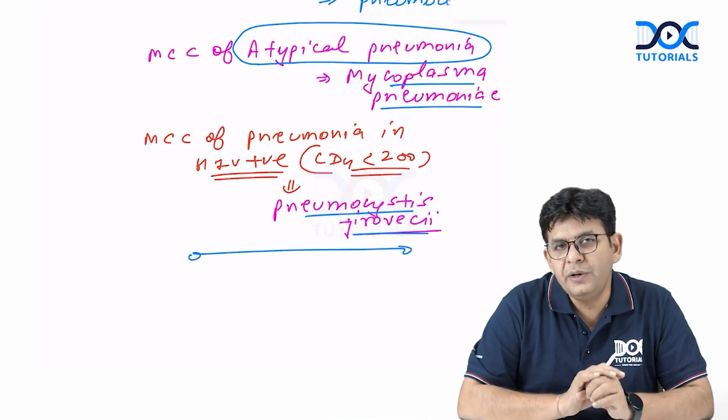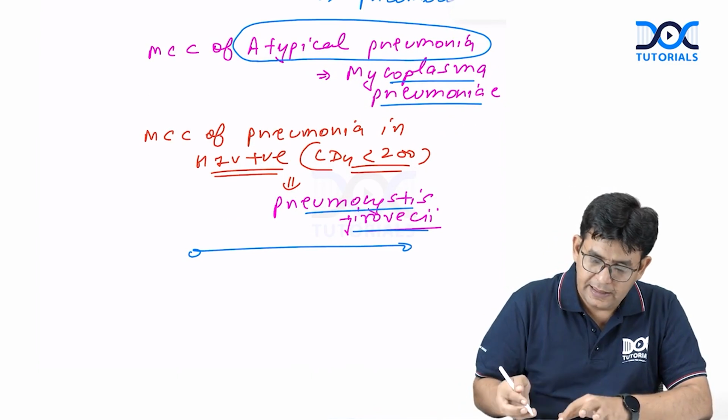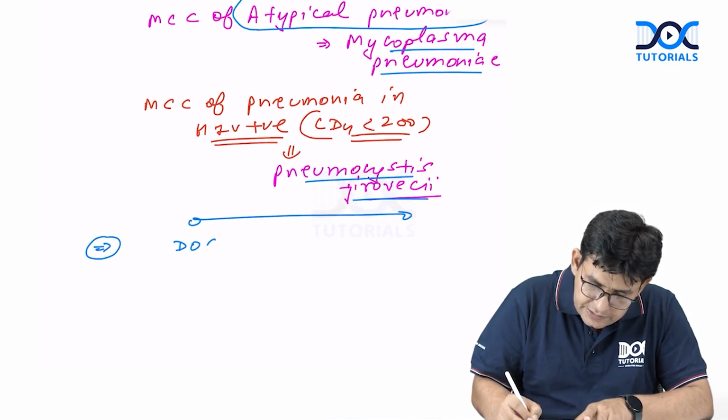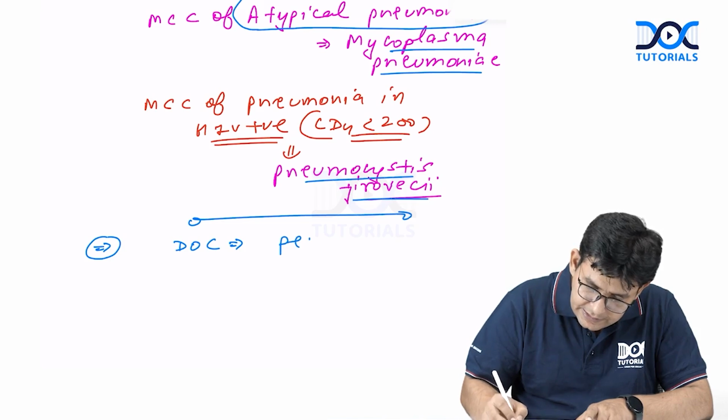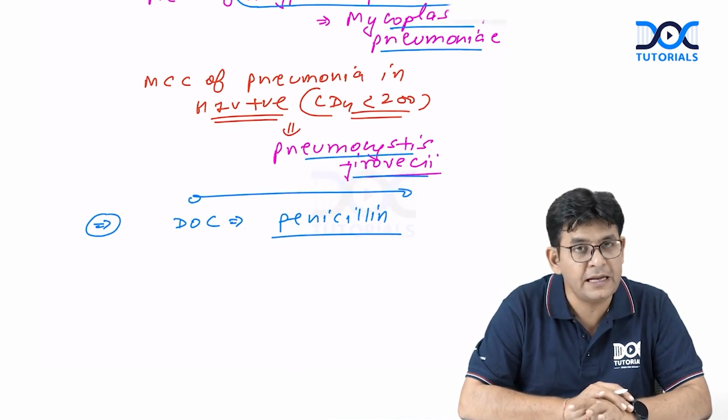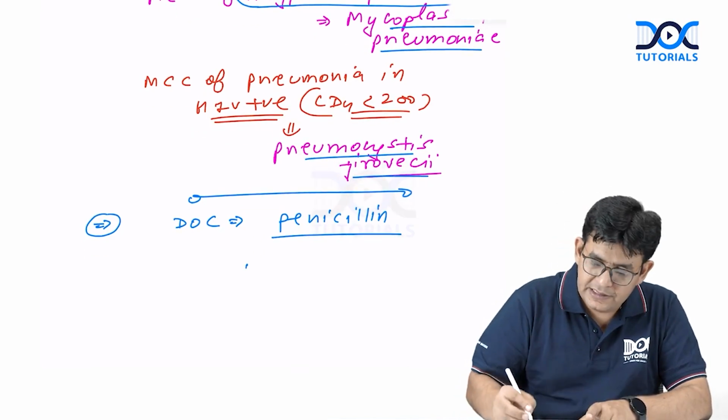So this much you need to know regarding the disease part. If we talk about the drug of choice for pneumococcus, the answer in Harrison is still penicillin. You can use cephalosporins also, but as per Harrison the answer is penicillin.